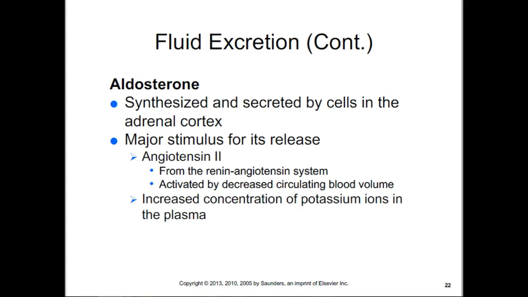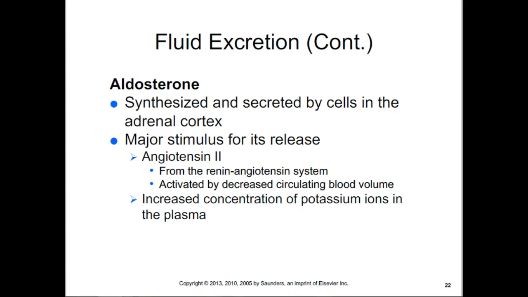Remember, this enzyme is called ACE, A-C-E. And angiotensin 2 is a very potent vasoconstrictor. Vasoconstriction, remember, narrowing of your blood vessels, is going to cause an increase in blood pressure. So the action of your RAS system is to increase blood pressure.